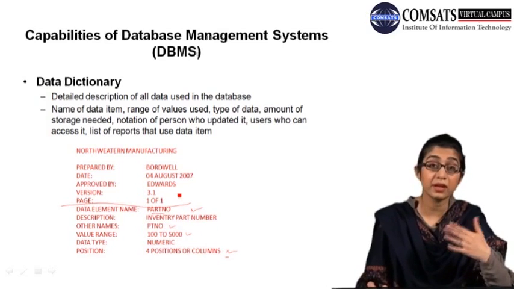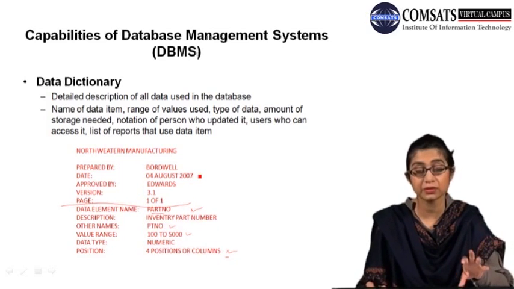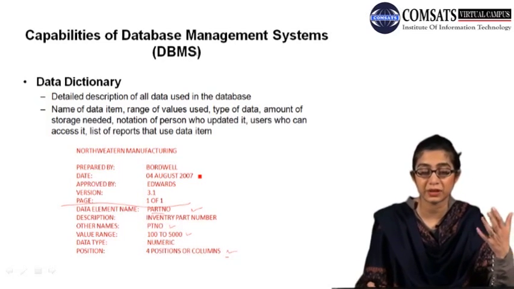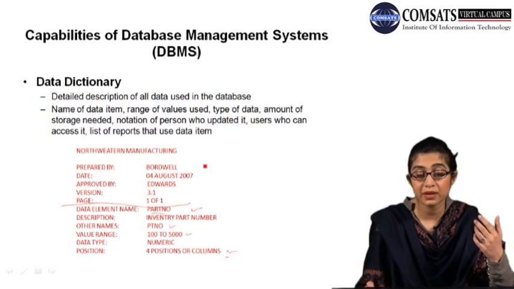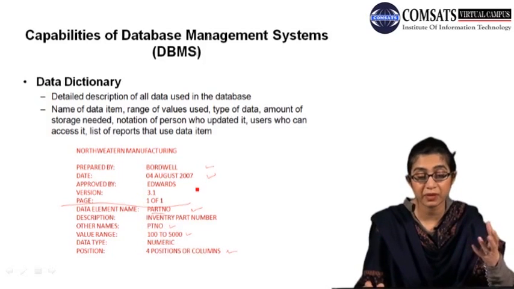Apart from this, there is other information that is not only related to the value that is going to be written in it, but also the background information of it. That is, who created this field, on what date it was created, right? It was approved by this person.